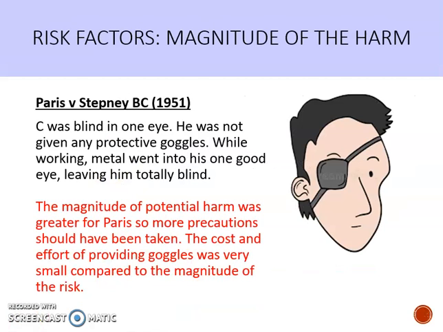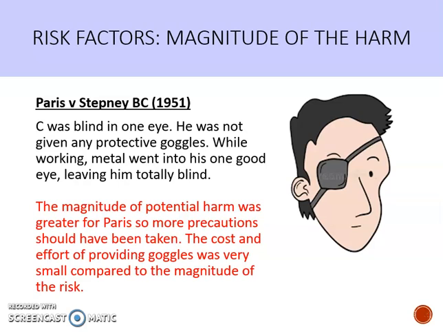So we've looked at high and low risk. Another risk factor the courts consider is magnitude of the harm, and this is sometimes called having a vulnerable victim or a vulnerable claimant. And in Paris and Stepney, our claimant was blind in one eye, and he was a mechanic and he wasn't given any protective goggles by his employers.